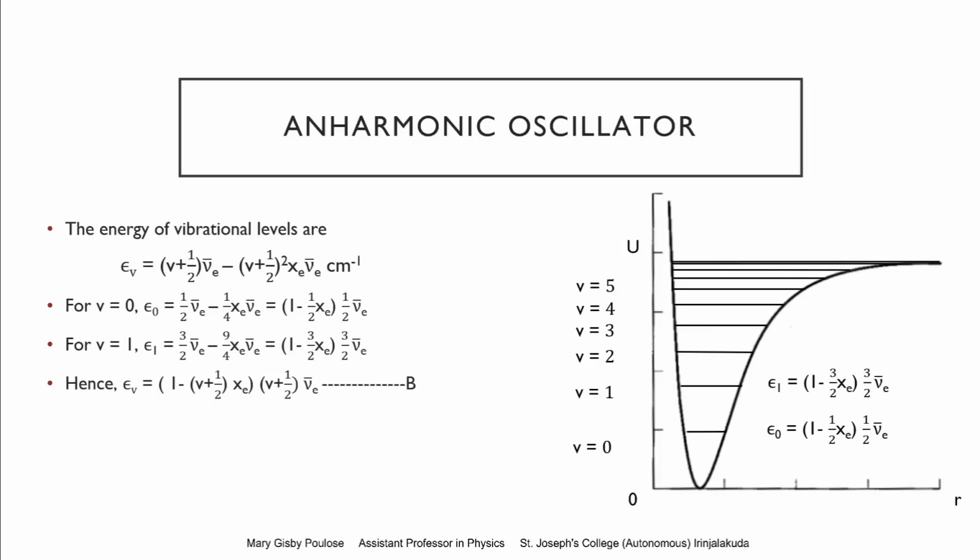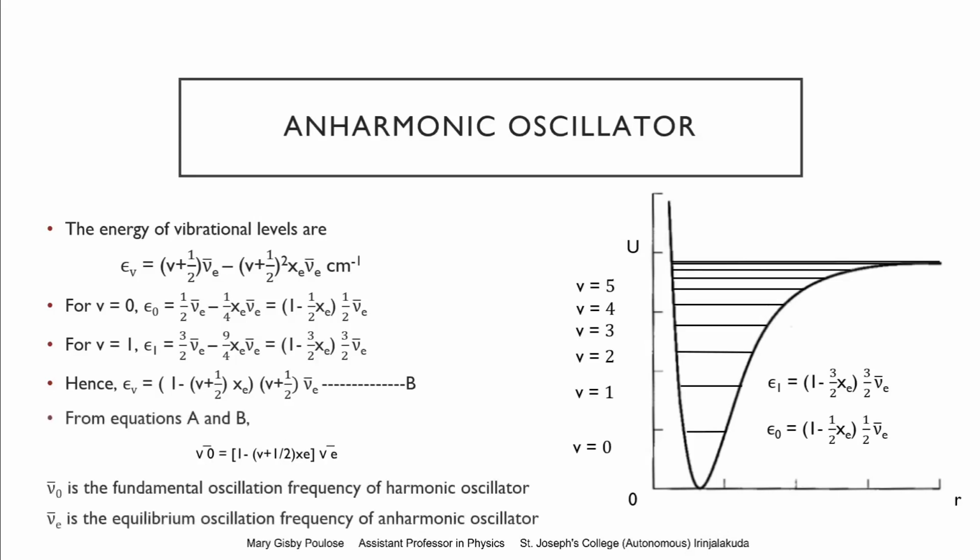Now let this equation be equation B. Earlier we had equation A, and comparing both equations A and B, we understand nu naught bar is equal to 1 minus V plus half xe into nu E bar. So the fundamental oscillation frequency of the harmonic oscillator, nu naught bar, gets replaced by the equilibrium oscillation frequency of the unharmonic oscillator.